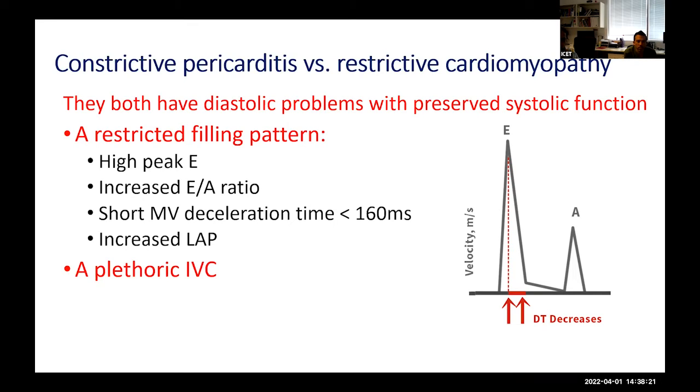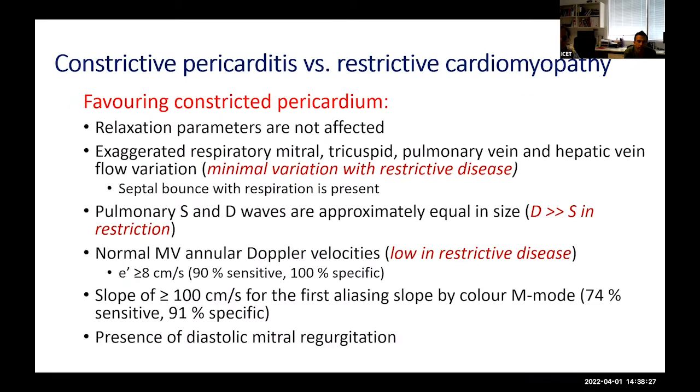In both, you will still have a plethoric IVC. So what distinguishes constrictive pericarditis from a restrictive cardiomyopathy are that you get this exaggerated respiratory effect on all the parameters we've mentioned. You get movement of the interventricular septum.